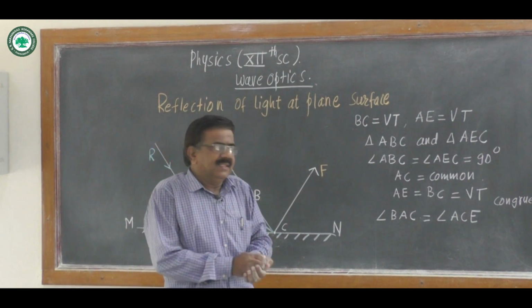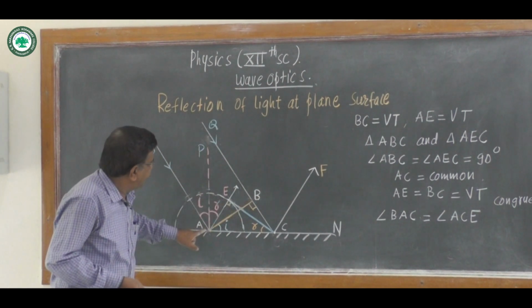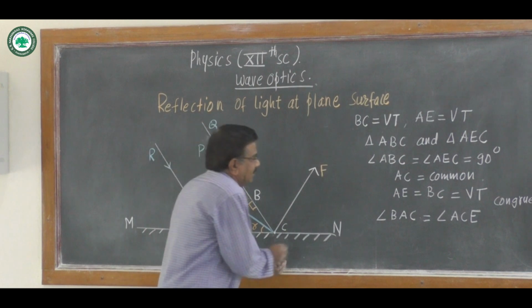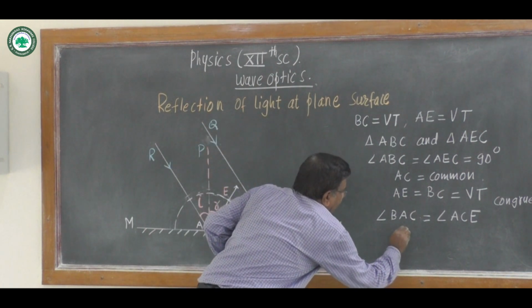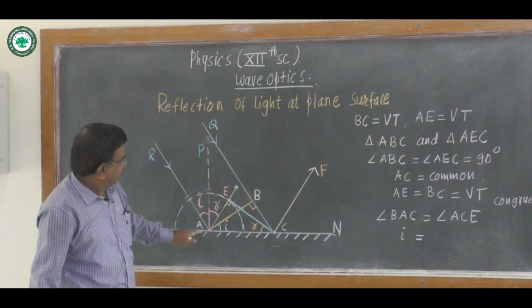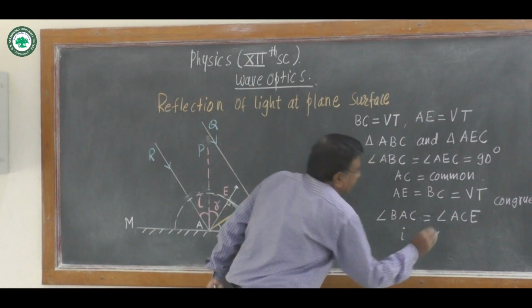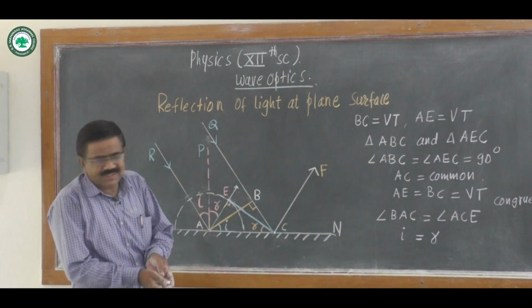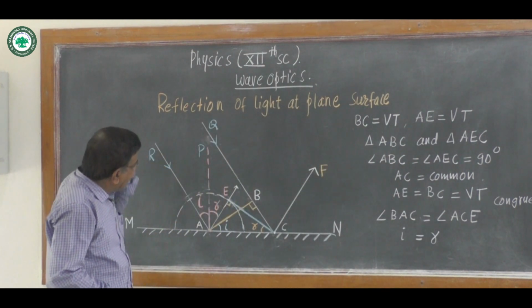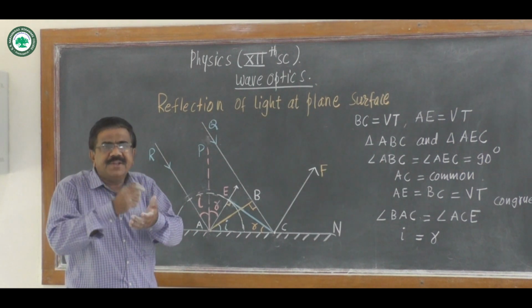But by the geometry of the figure, this BAC is I, and this ACE is R, because the angle between two lines is equal to the angle between their perpendiculars.